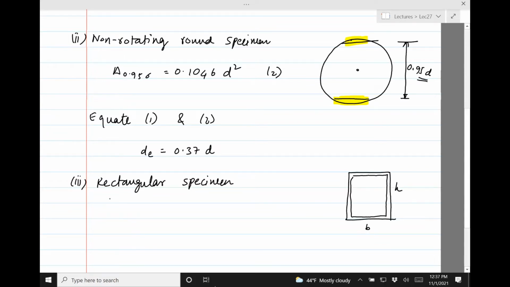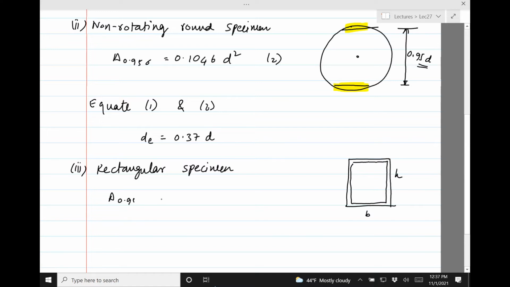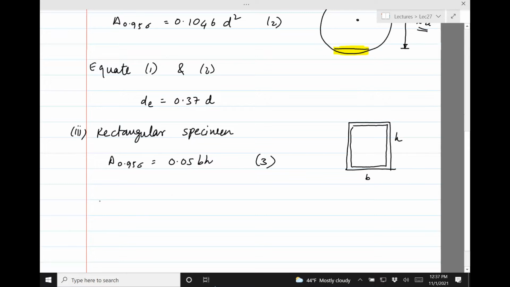So A 0.95 sigma is going to be 0.05 BH. Let's call this 3. Again, what you do is equate 1, the round one, to 3, and then solve for DE.